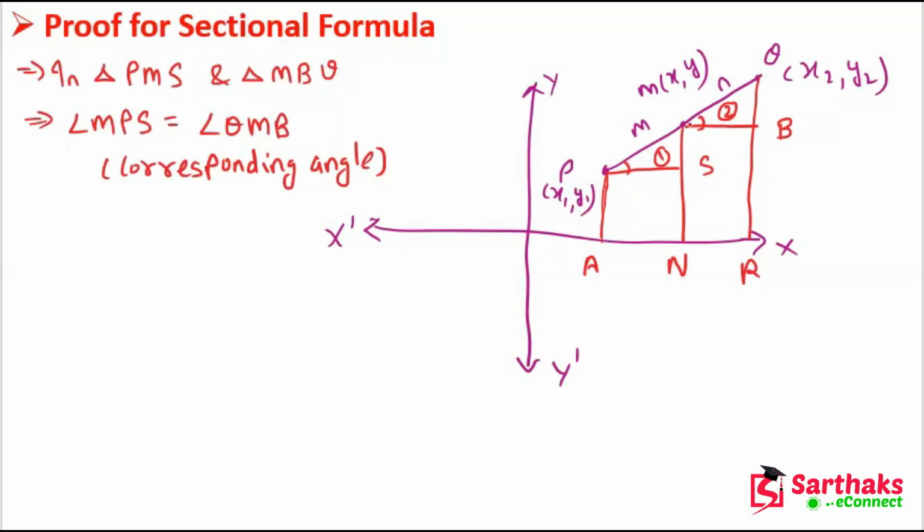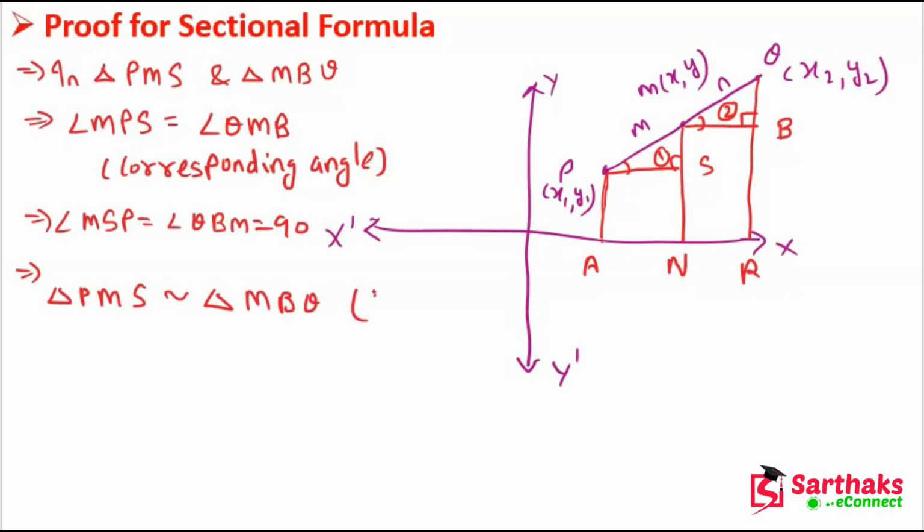This angle is equal to this angle by corresponding angles, and we can write that angle MSP is equal to angle QBM, which is equal to 90 degrees, because these are perpendicular. So we can say that triangle PMS is similar to triangle MBQ by AA similarity.